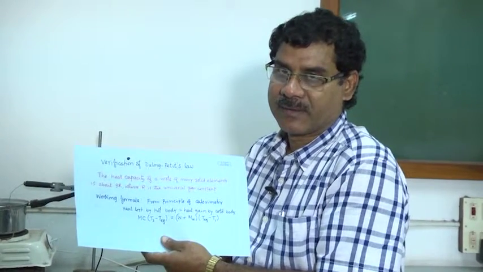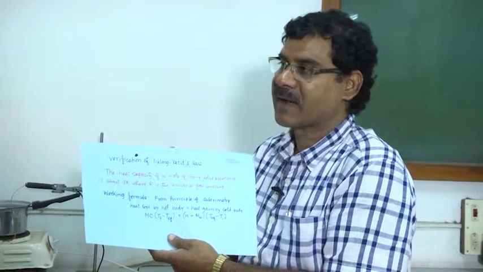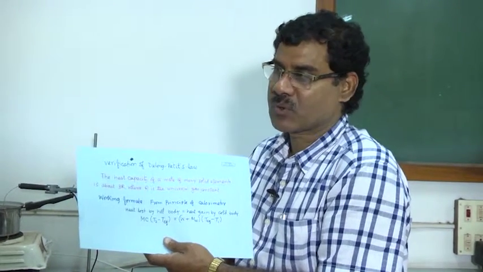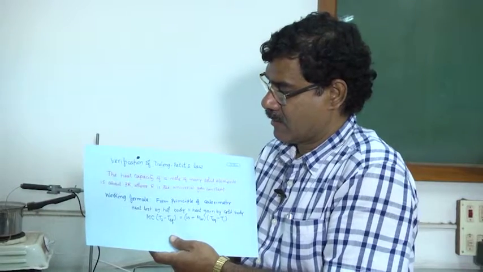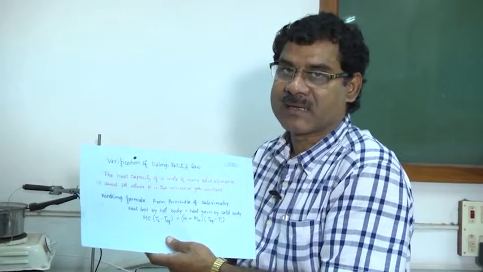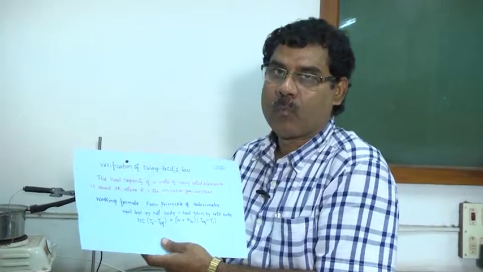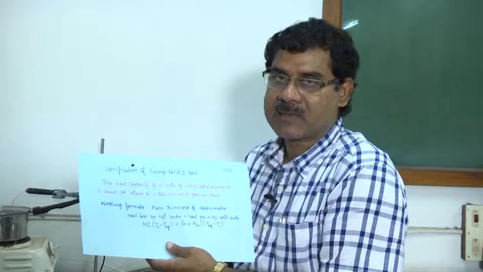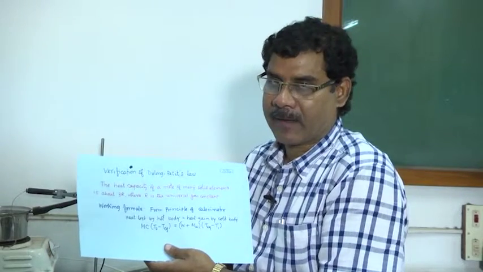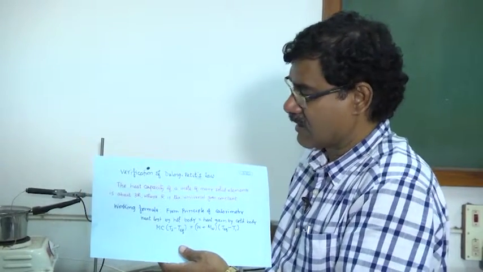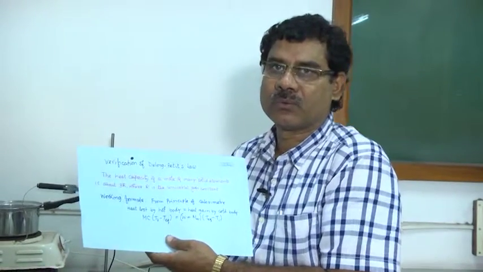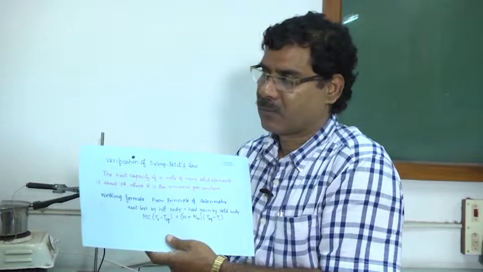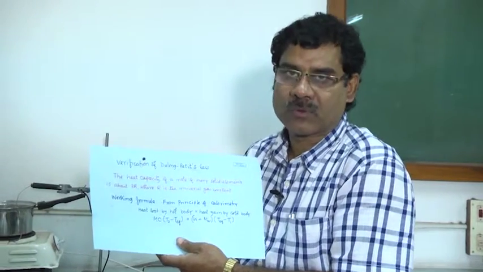It tells that for most of the metals, elemental metals, the molar heat capacity, basically the heat capacity of a mole, is 3R. R is the universal gas constant. Its value is around 2 calorie per Kelvin per mole, of course.